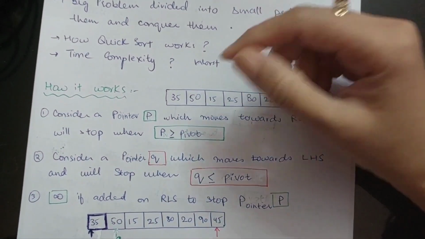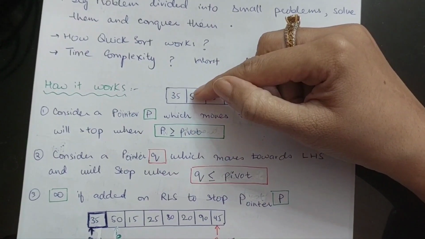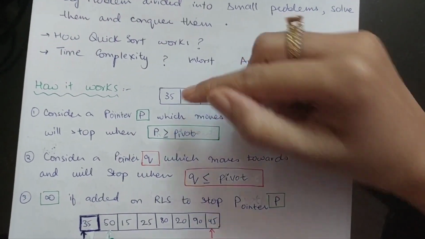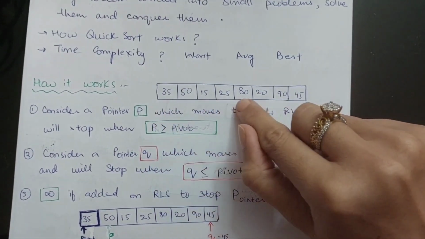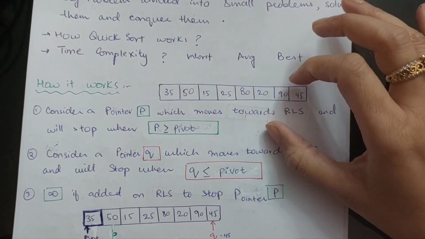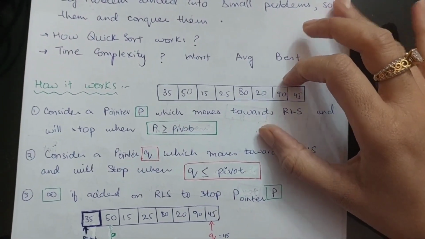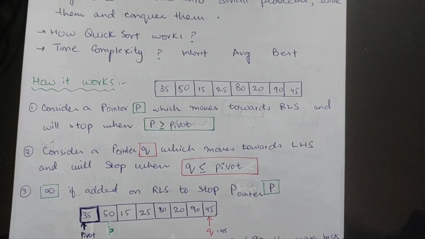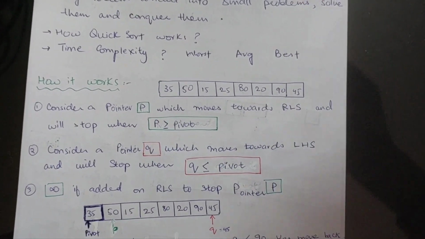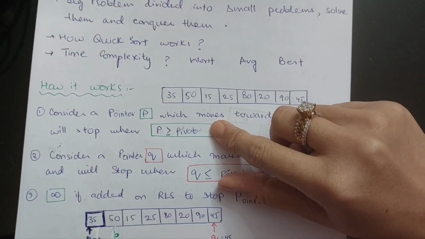So we will consider one point as pivot, and on one point we will place our pointer, and this pointer will keep moving towards the right hand side, and it will only stop when its value is larger than or equal to the pivot.